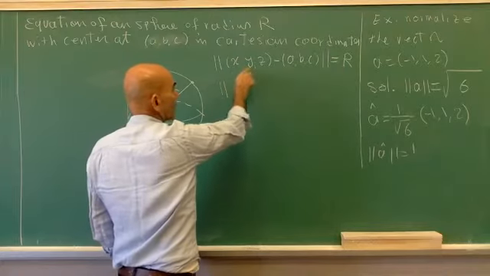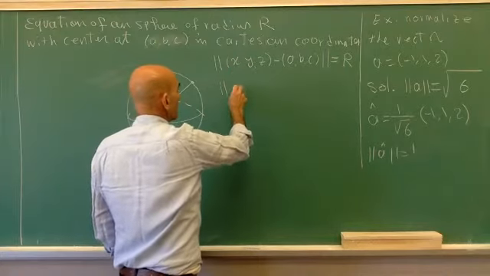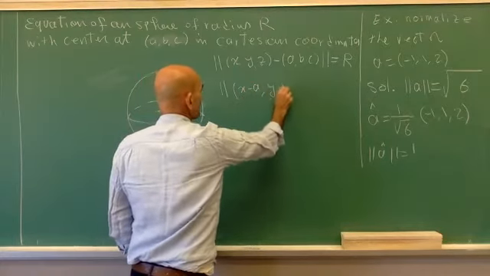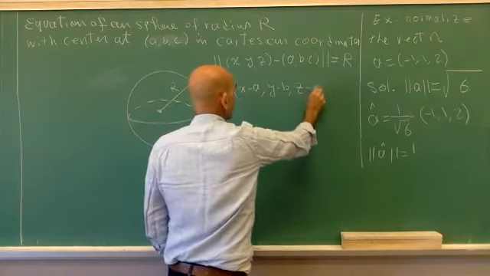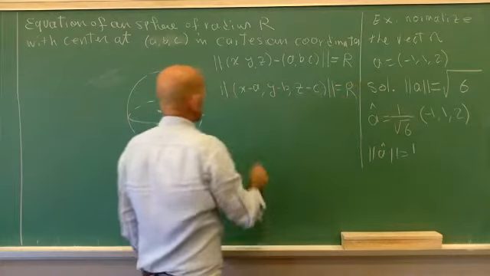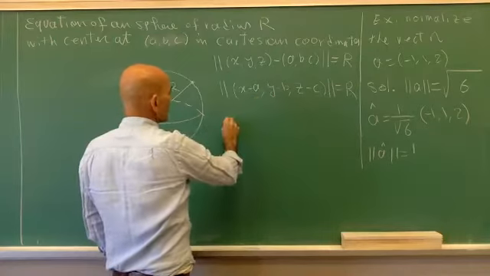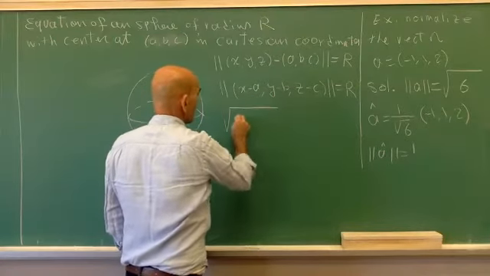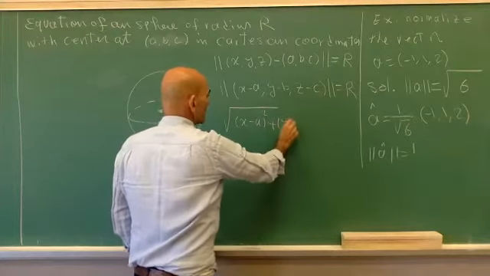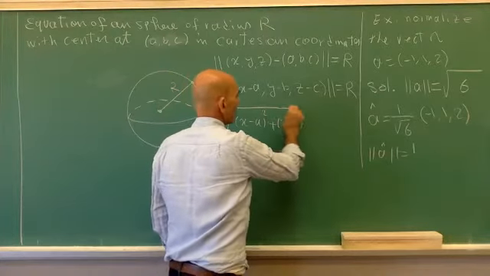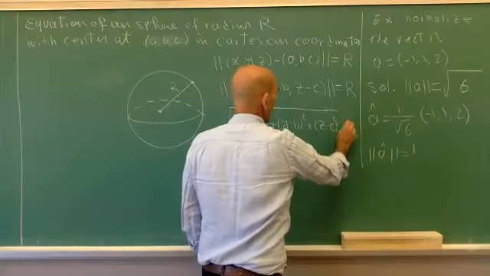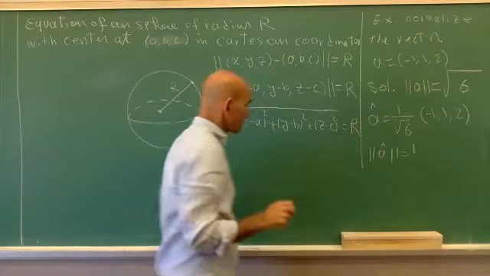You can just unpack this equation gradually. This is just the norm of x minus a, y minus b, and z minus c, equal to r. But this, we know what it is. This is just the square root of x minus a squared plus y minus b squared plus z minus c squared, equal to r.